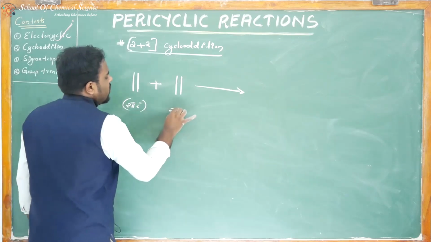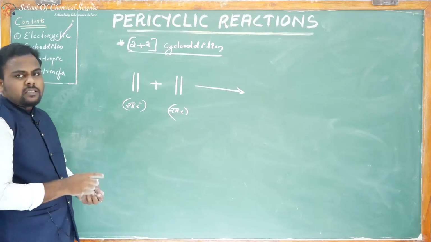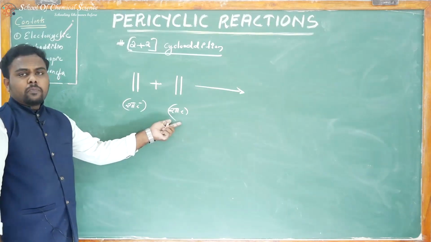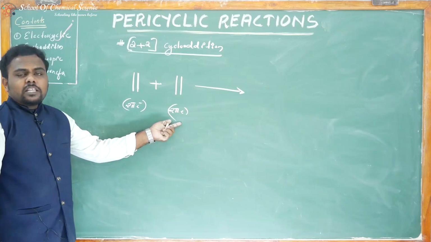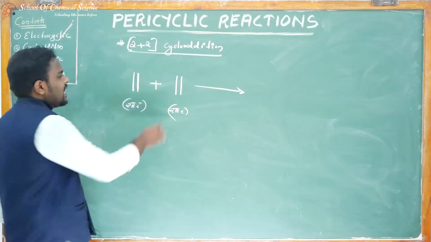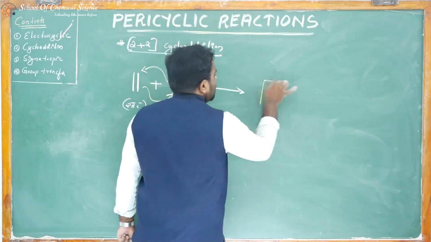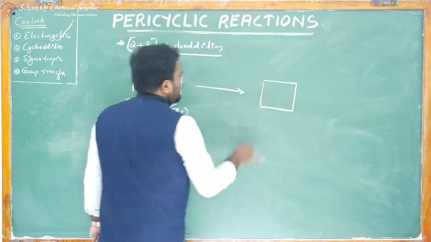This is also a 2 pi electron system. So how many electron pairs are there? 2 pi plus 2 pi, 4 pi electron. 4 pi electron means 4 by 2, 2 pair of electrons. So two pairs of electrons are involved in this cyclization process, so that cyclobutane is formed.